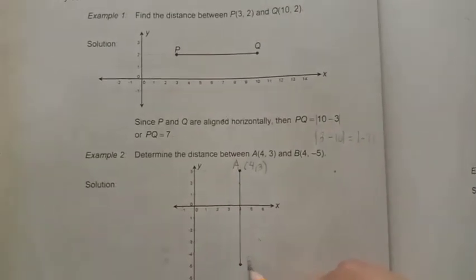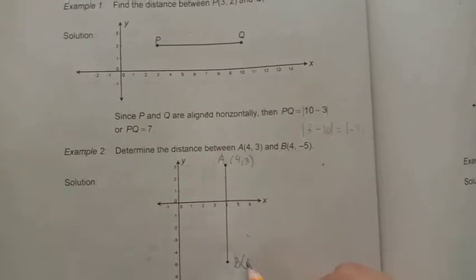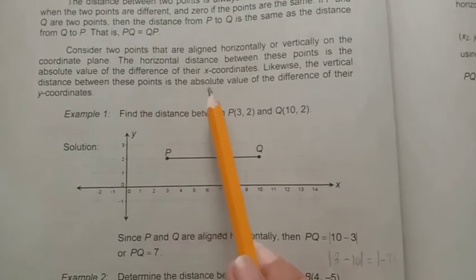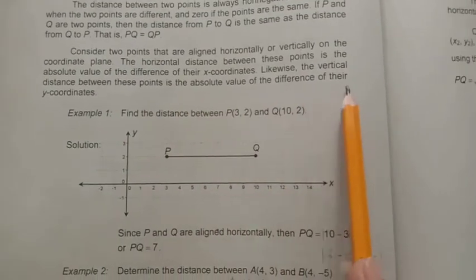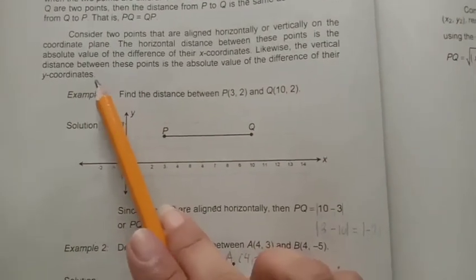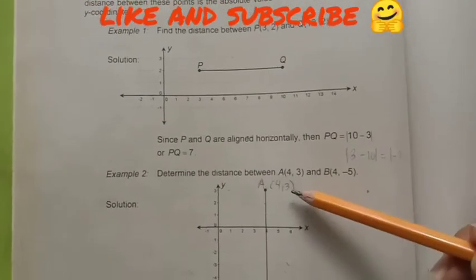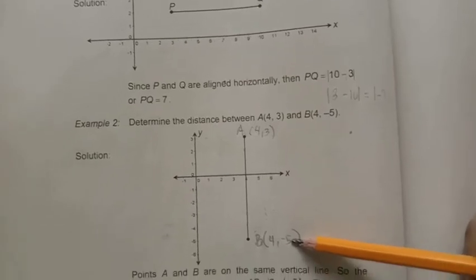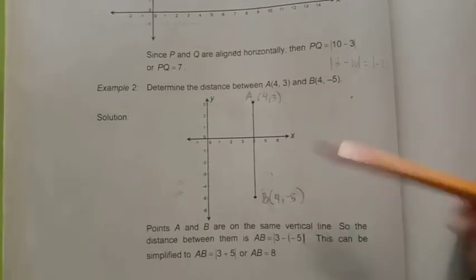So, since siya ay vertical distance, ang sabi kanina, kapag vertical distance daw, the vertical distance between these points is the absolute value of the difference of their y coordinates. So, yung y coordinates niya is 3 and negative 5. So, kunin natin yung difference ng 3 and negative 5.